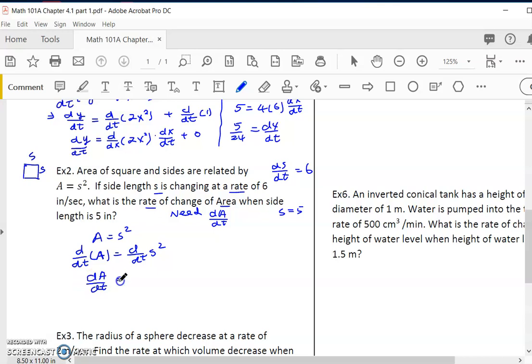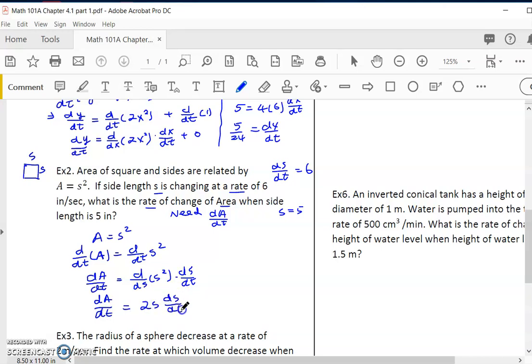Then we change the right side to d/dS of S squared, and ds/dt is attached to the back, just like when you do implicit differentiation. So dA/dt would equal 2 times S times ds/dt.